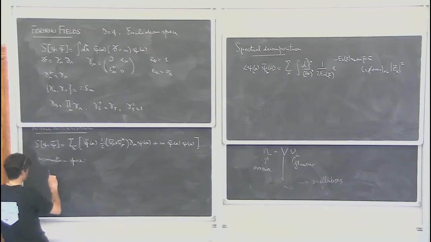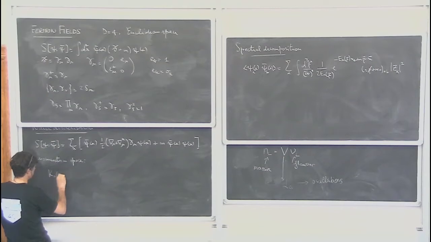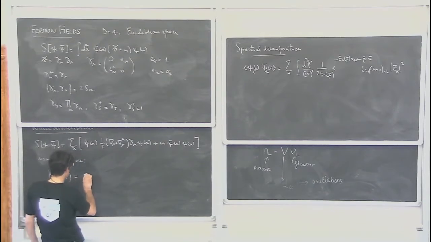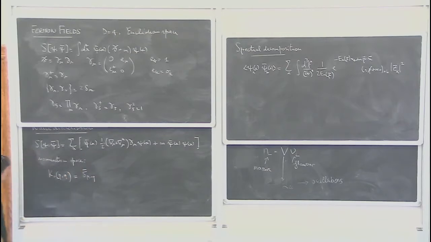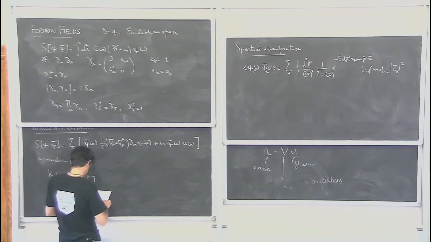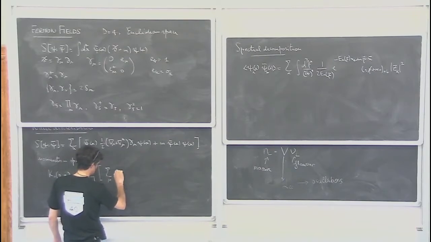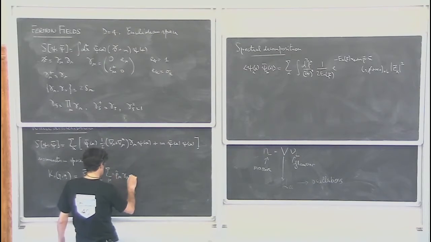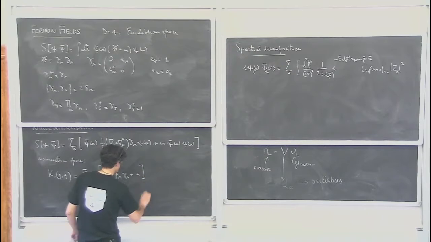So we can write directly the kinetic term here in momentum space as, again, a delta of P minus Q, and then something that we can write like this, P tilde mu gamma mu with a factor of i, plus M. Okay?